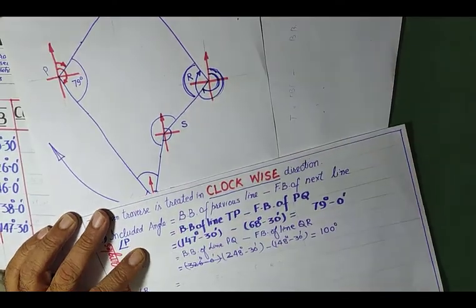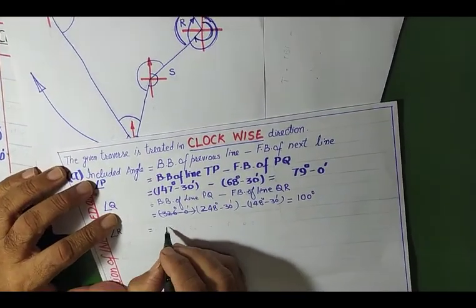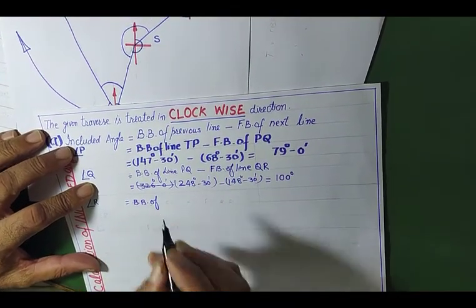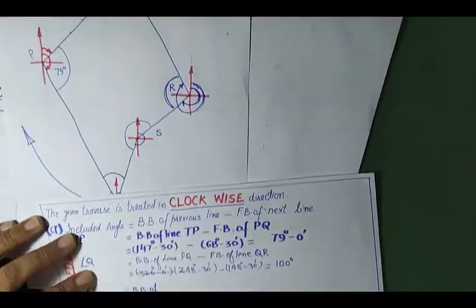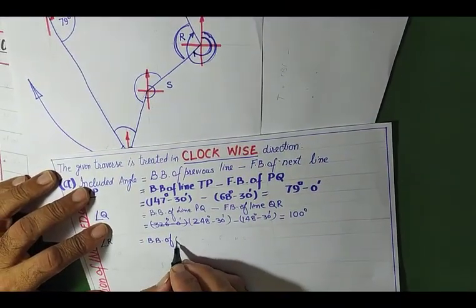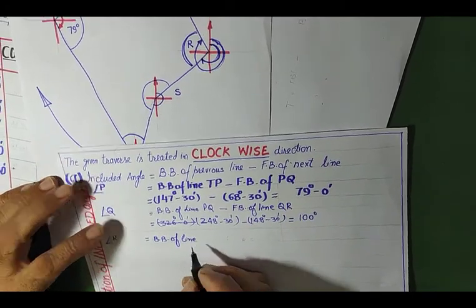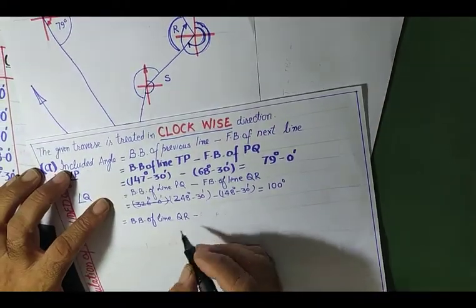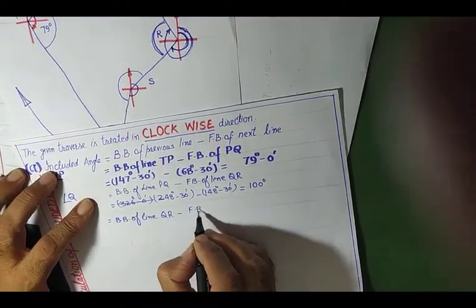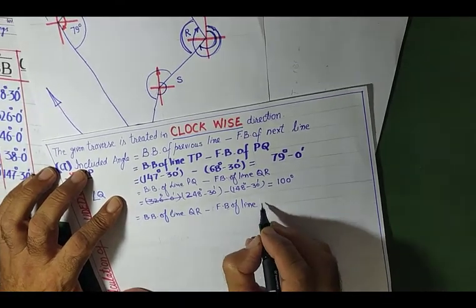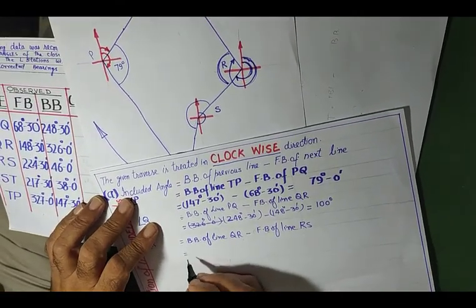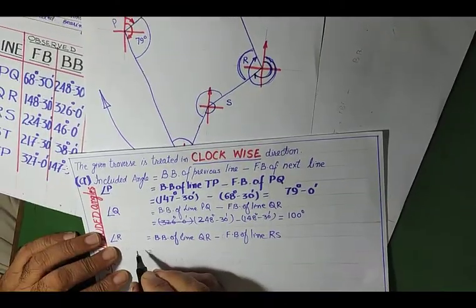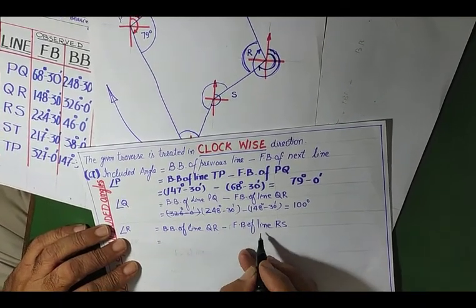Again we can write down the back bearing of the previous line, which means line QR, minus the forebearing of the next line, the forebearing of line RS. You substitute the values: angle R is equal to back bearing of line QR minus forebearing of RS.